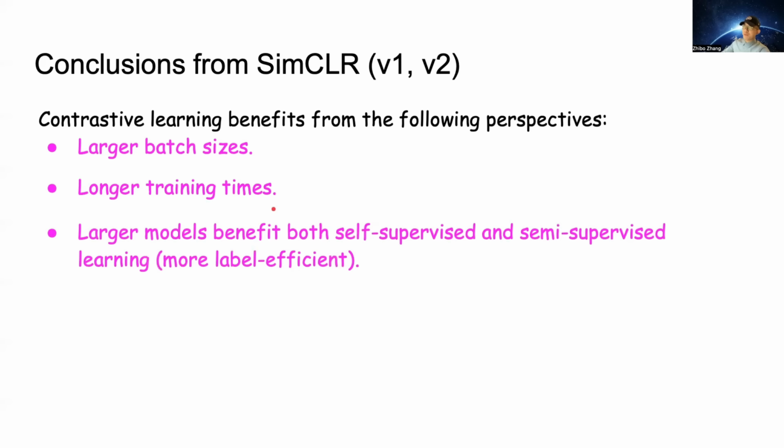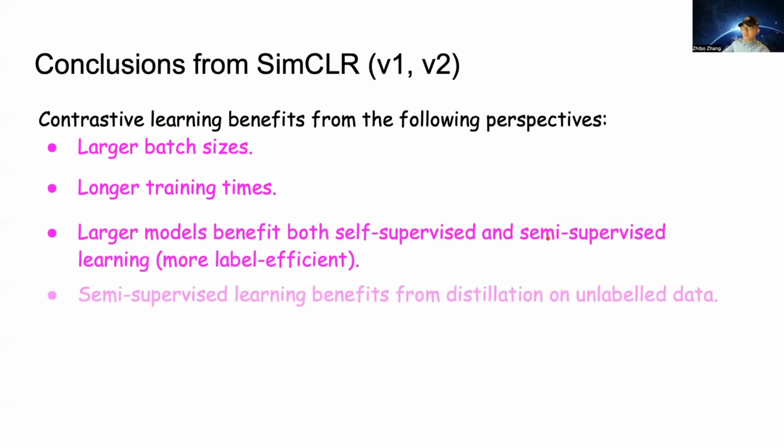As we saw before, if you increase the capacity to a certain level, it can reach very comparable performance to the supervised counterparts, right? And the larger model actually benefits both the self-supervised case and the semi-supervised case. Again, this means that you should have more computation, right?